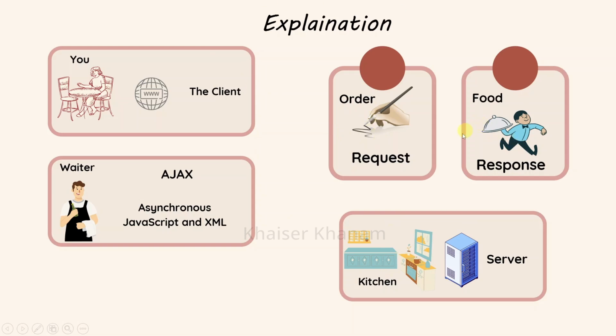That is my response. Meantime, I can continue with my other activities until my food arrives. Similarly, whenever I am requesting some data in my client using an AJAX call, we can request data from the server and in return, we will get a response.